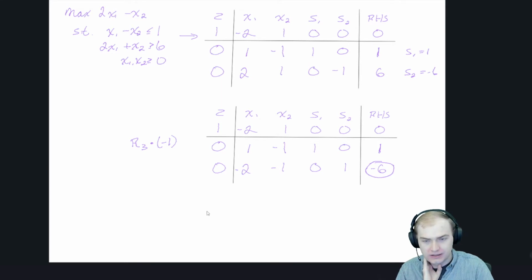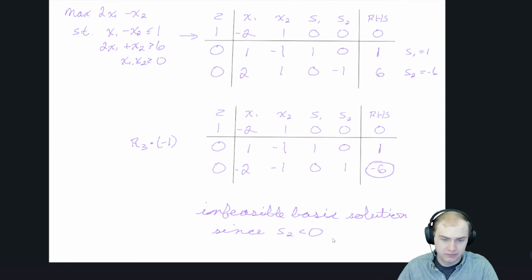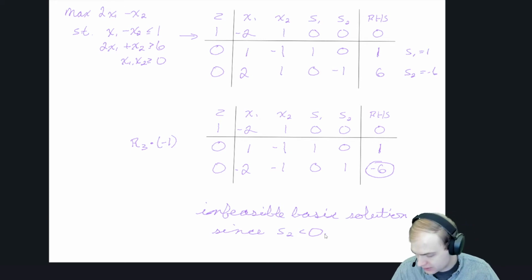So we're actually at an infeasible basic solution, since S2 is less than 0. So tomorrow we're going to discuss the ways to actually move from an infeasible solution to a feasible one.